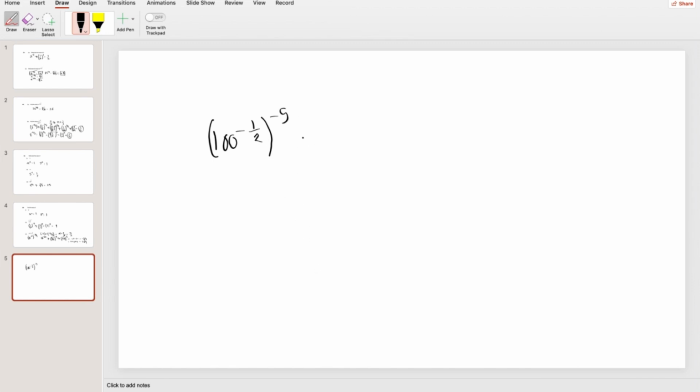Alright, so this is the answer. First of all, you multiply the powers. Negative half times minus 5 is 5 over 2. So it becomes 10 to the power of 5 over 2. And then you just solve that. So square root of 100 all to the power of 5.